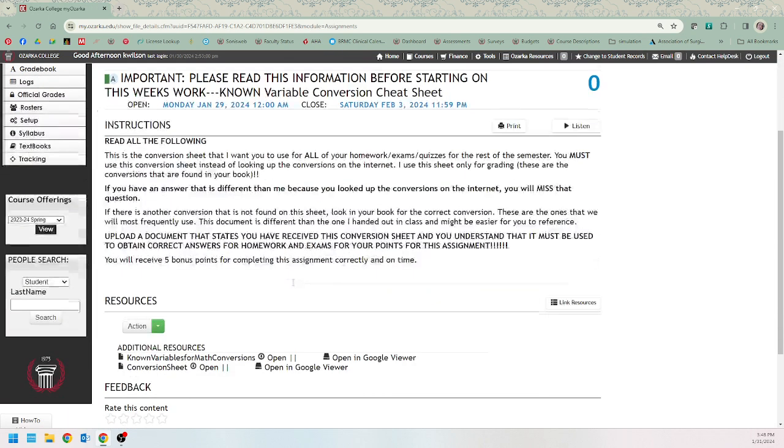So this is the one that you're going to need to download and use for all of your conversion factors. You're not going to go to Google and Google how many feet are in a mile or how many milliliters are in an ounce, because I'm only going to utilize these variables that are on this sheet to determine the correct answer for the problem. So make sure you use those conversions.